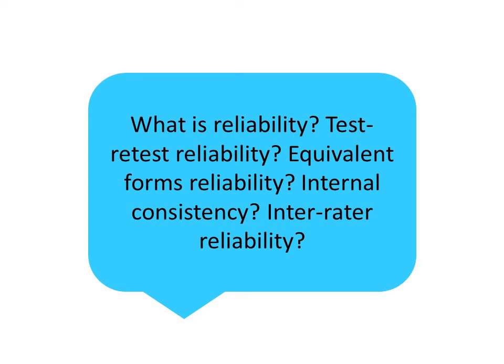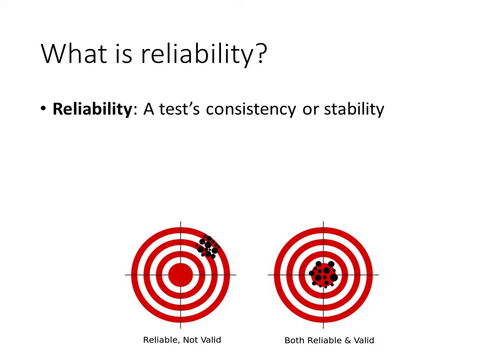In part 5 of this lecture, we're going to learn more about reliability and the different types that IO psychologists are interested in. In the field of psychology, we measure constructs. So we have a lot of tests.